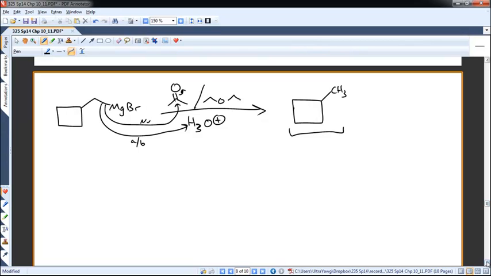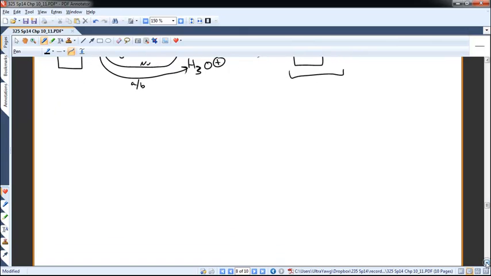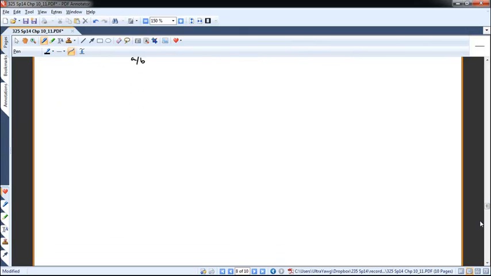What about things that have leaving groups, or things that are not just aldehydes and ketones, like an ester? What if I took methyl magnesium bromide as my Grignard, and I reacted it with an ester? You remember an ester functional group looks like this, followed by aqueous workup.